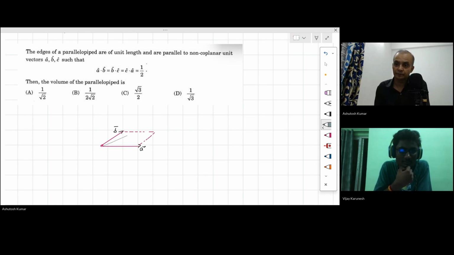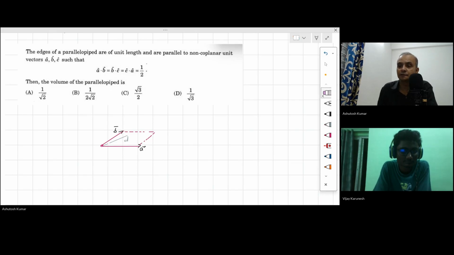Correct? And it is not perpendicular to this plane, correct? Is it clear? So it is like this. Or maybe I can draw it a little bit ahead also like this.